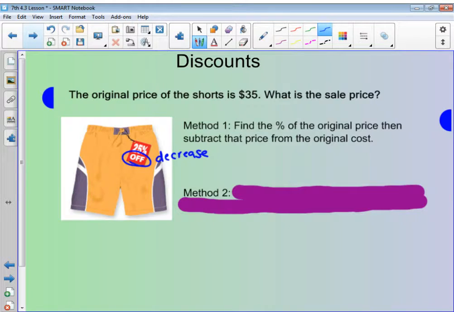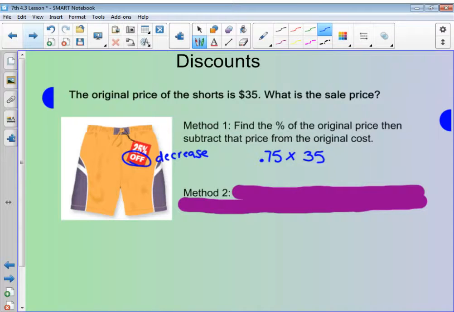So we could take 25% off of our original price, which would be 75%. So we could figure out 0.75 times $35, because we're just trying to figure out how much we're going to have to pay. We know they're $35 on the tag. We know they're 25% off.